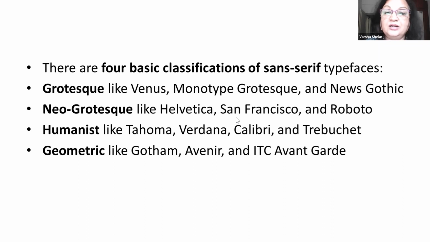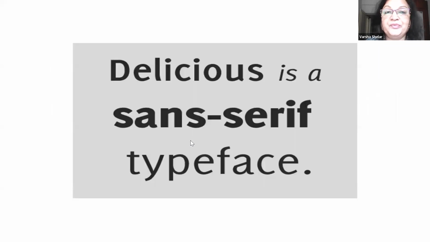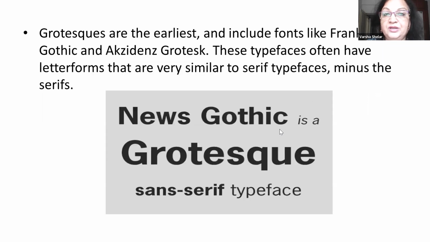So you are aware of what they are, but probably not as sans-serif classified fonts. As I told you, sans-serif means no serifs on the typeface. So let's look at these different classifications.